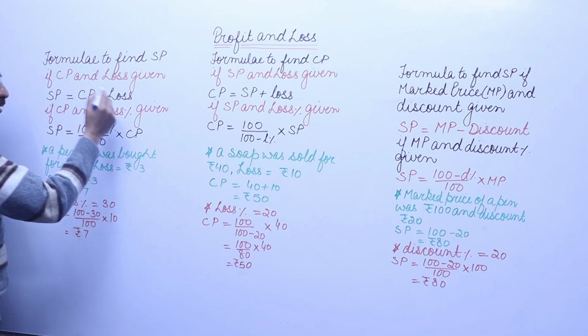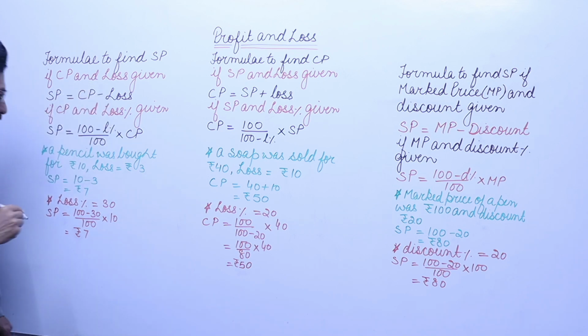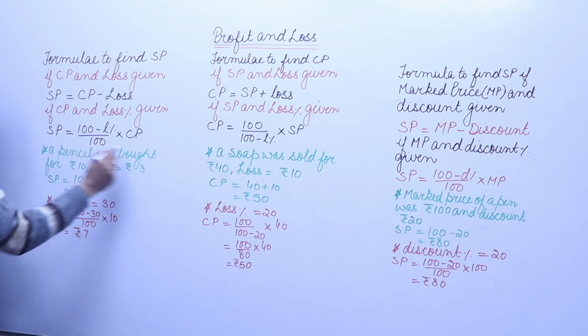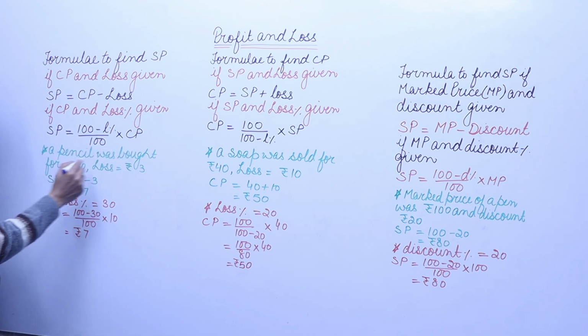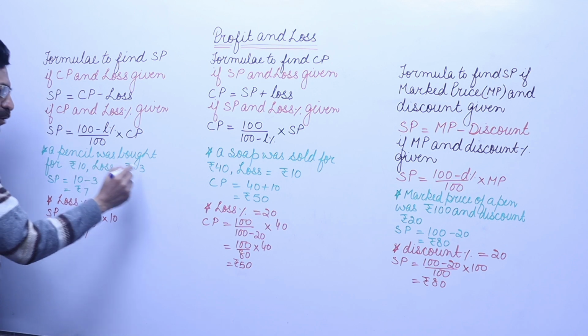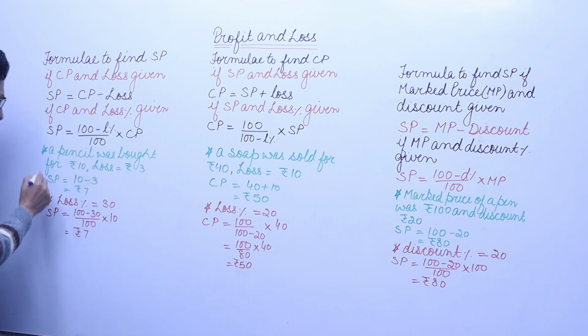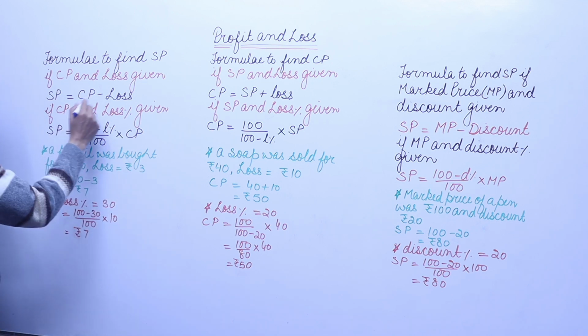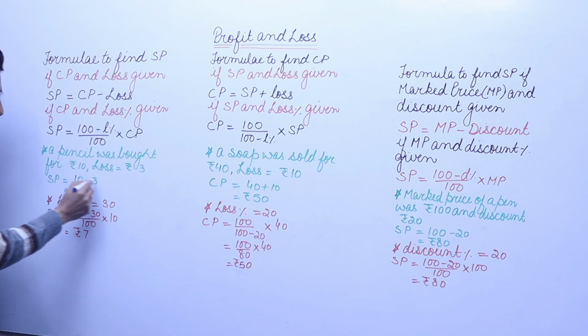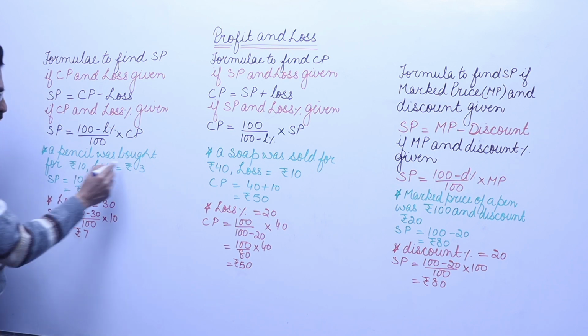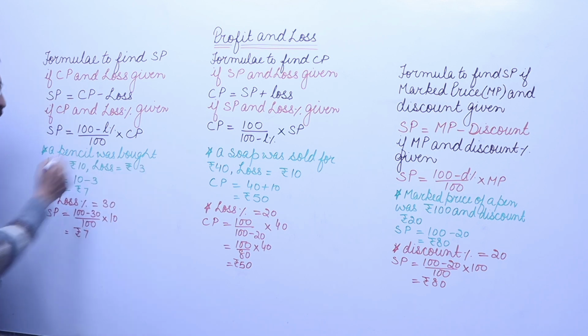Let us try to understand this with help of one example. A pencil was bought for rupees 10 and loss suffered was rupees 3. Then selling price is equal to, according to this formula, 10 minus 3, rupees 7. It is also possible that in place of loss in rupees, loss percent is given.